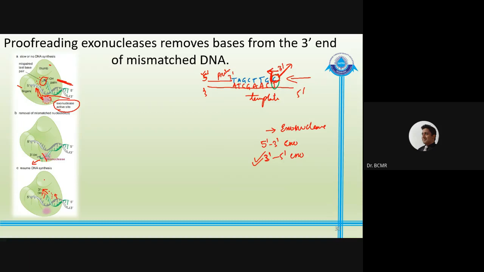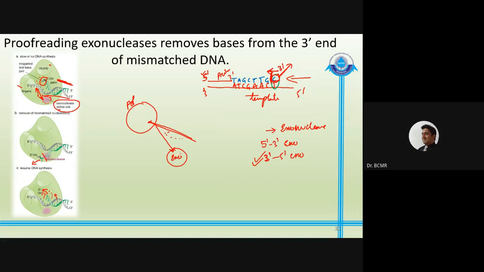So it is all about the amount of time. Say, for example, this is the polymerization active site, and here is the exo active site. DNA can be in this place and rapidly keep growing, and if there is a mistake, it will move here because the interactions with the palm region have reduced.